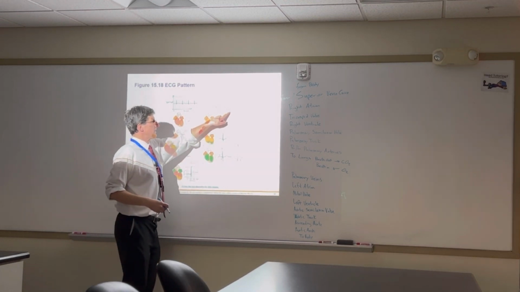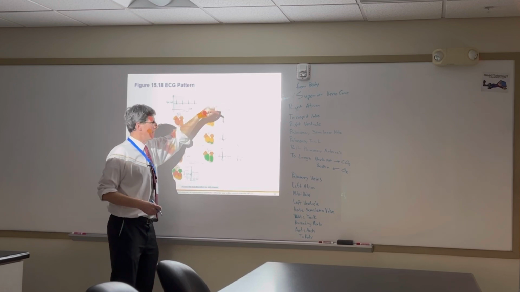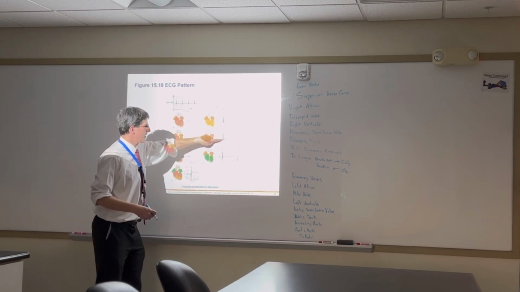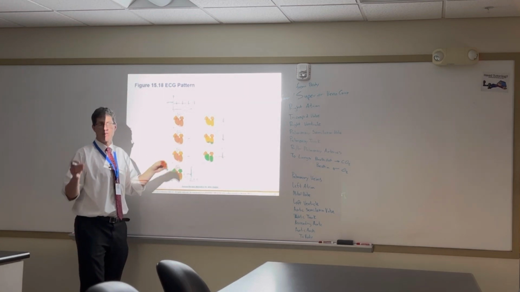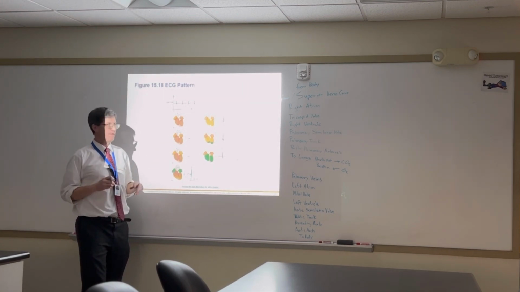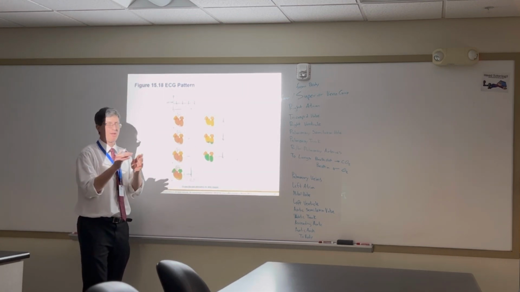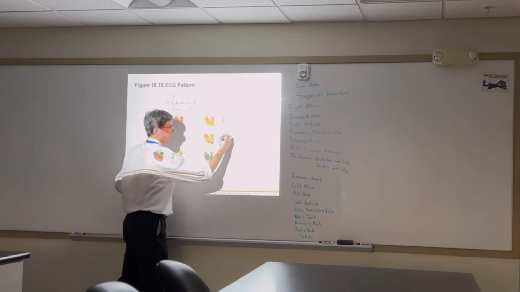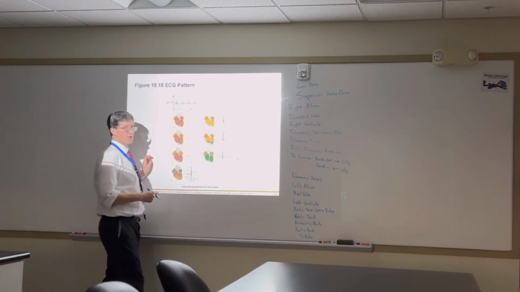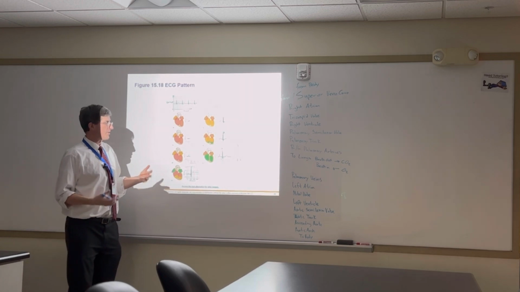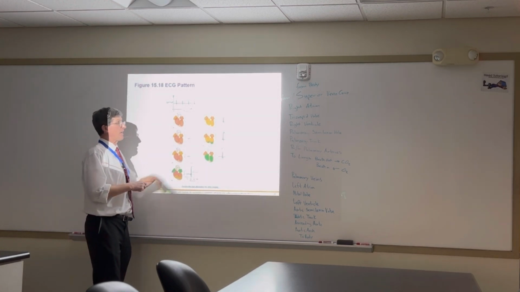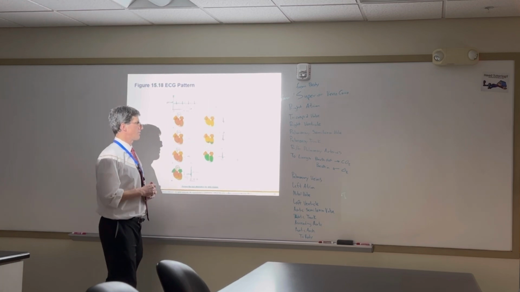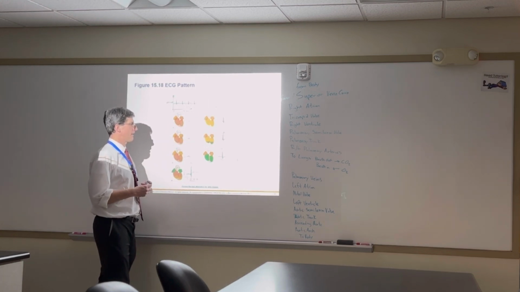Those happen at the same time. This big wave in the middle, the QRS part, you can't separate the atrial repolarization from the ventricular depolarization because they're both happening at the same time. But because the ventricles are so big, the depolarization of the ventricles kind of outweighs the atria. And so you get this big voltage change associated with the ventricles as they contract.